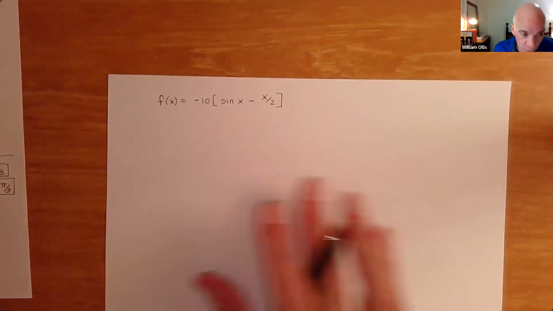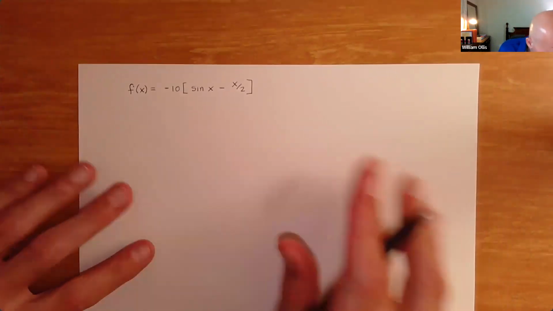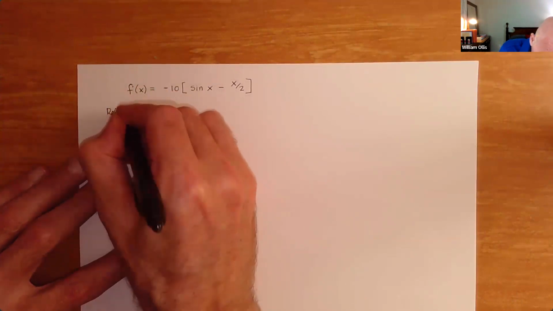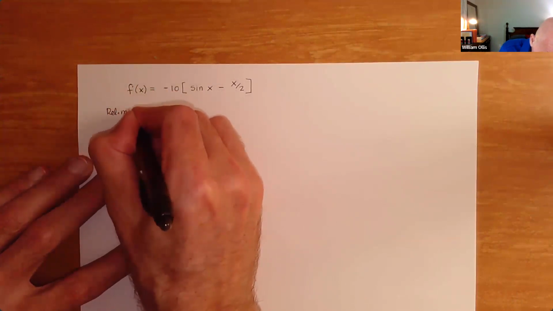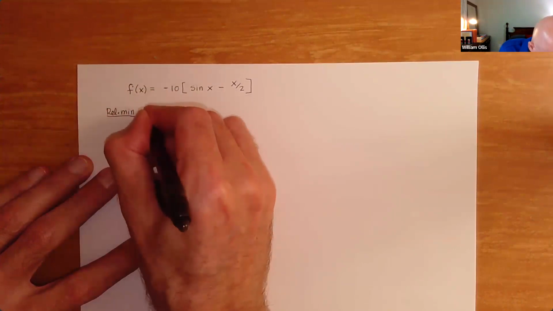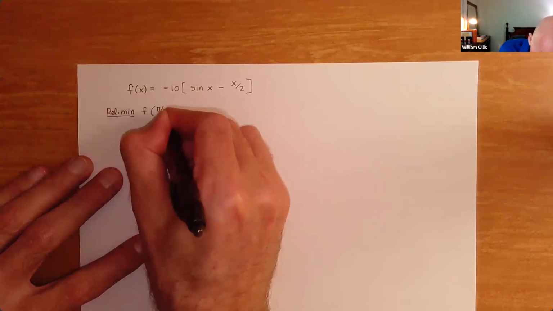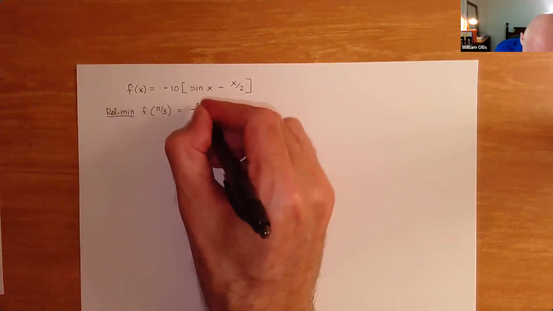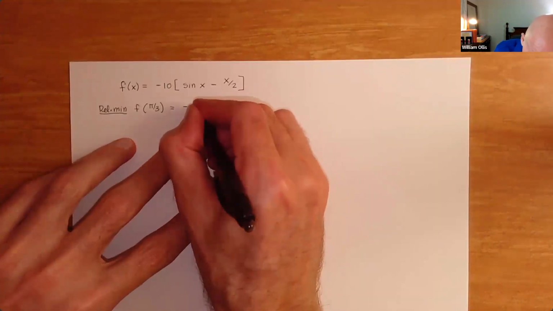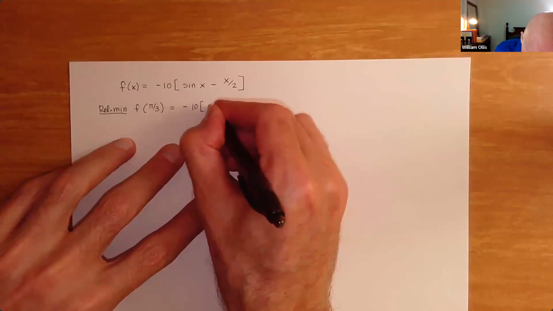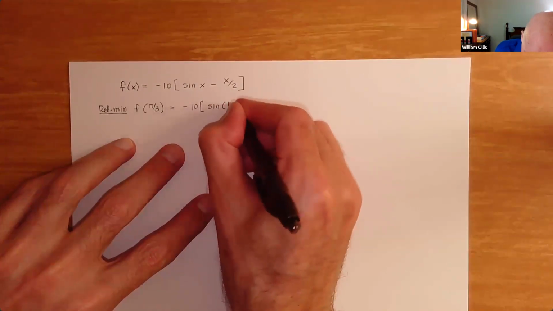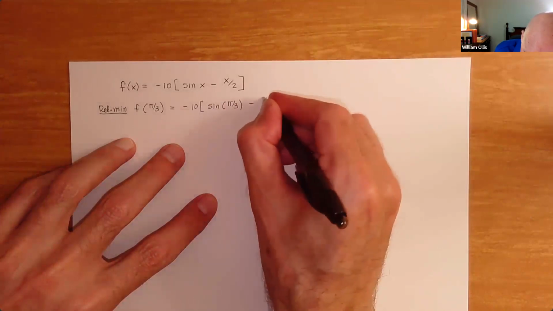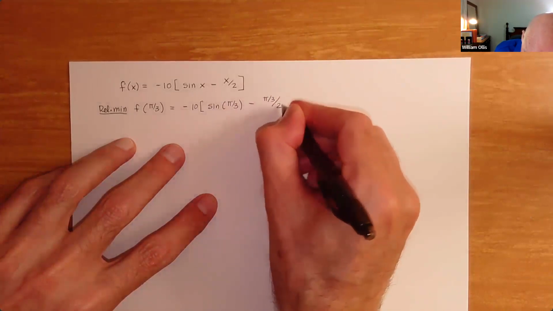And then, of course, what we want to do is do our relative min. Relative min is f of pi over 3. So this gives us -10 times sine of pi over 3 minus pi over 3 divided by 2.